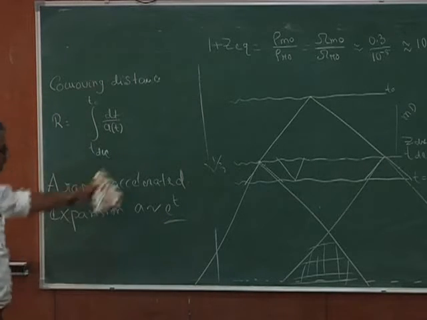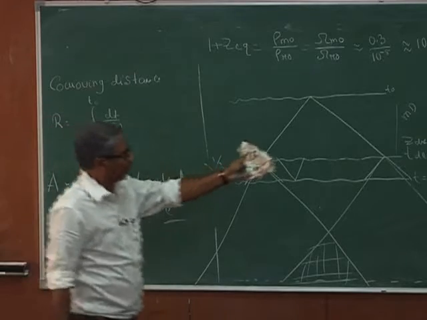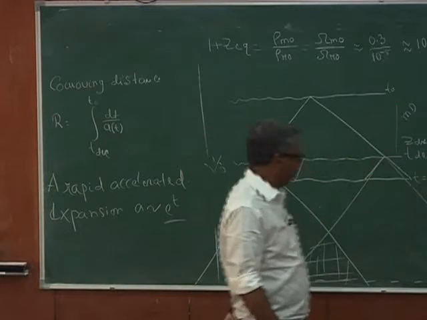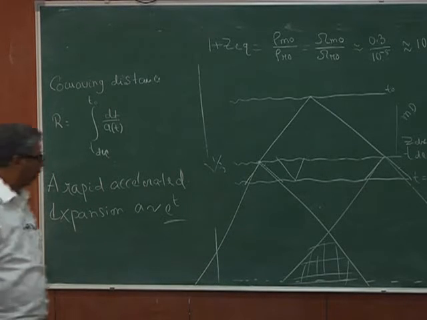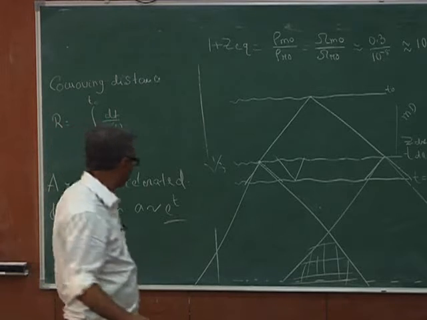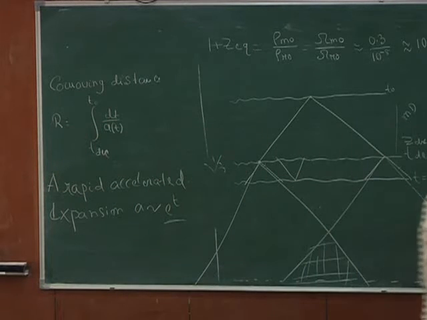As I said, matter and radiation can never give it. For exponential expansion we need something with negative pressure, which we already studied. For a double dot to be greater than 0, rho plus 3p has to be negative. It can be a cosmological constant. But a cosmological constant has a problem: it cannot end the inflation, because ultimately we need matter domination or radiation domination.